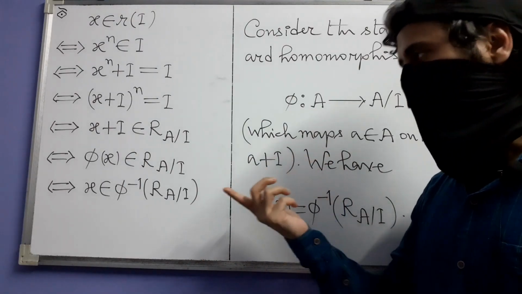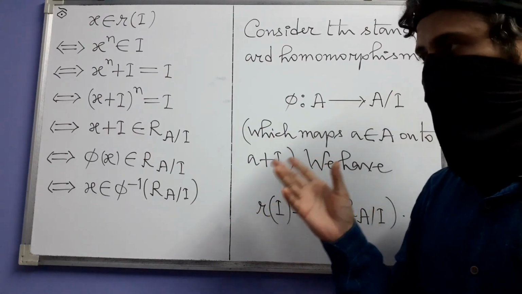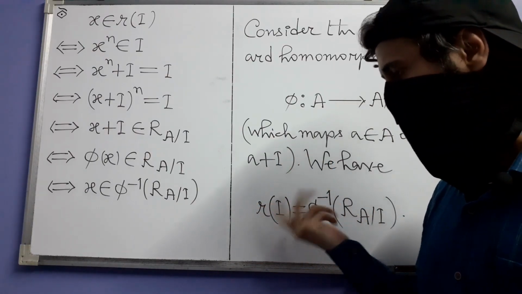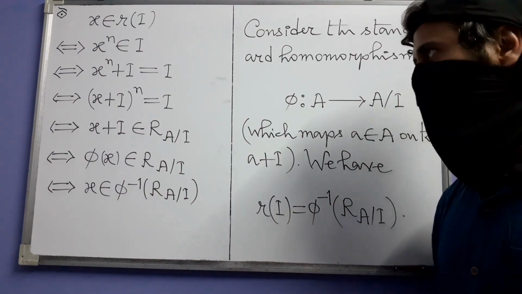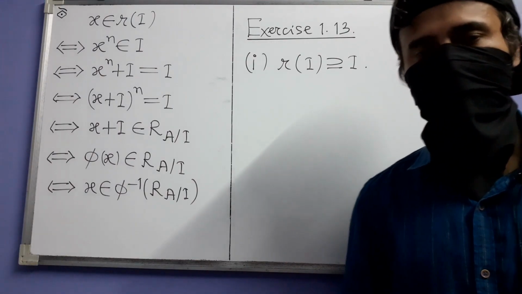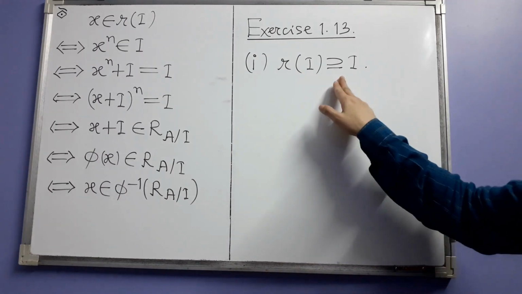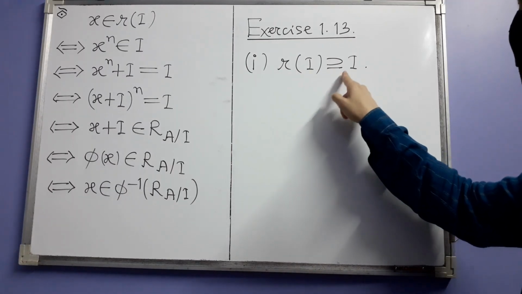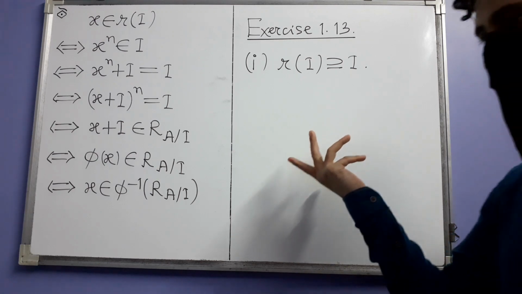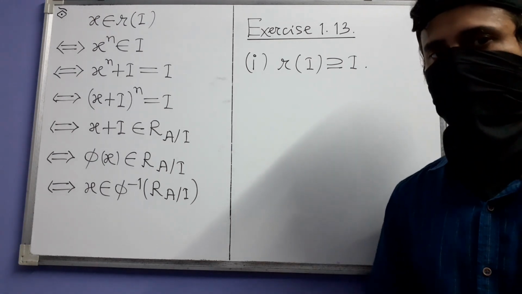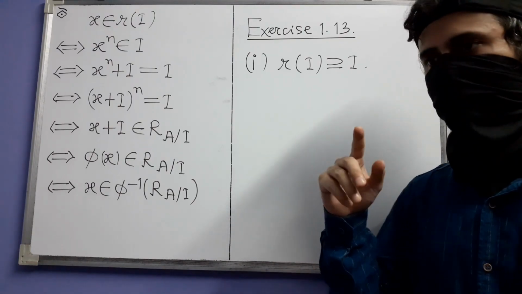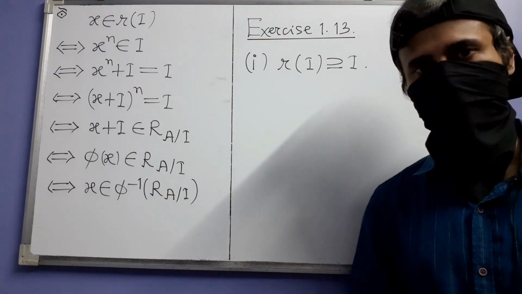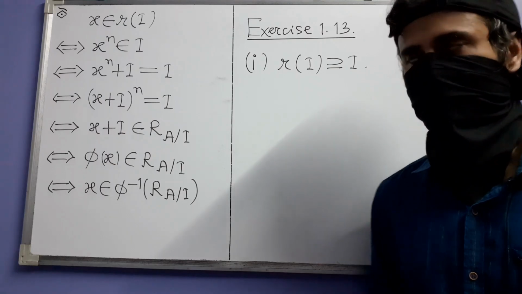Now next we have an exercise involving some properties of this radical of ideals. Let's go to that next. Exercise 113, and the first part is this, that the radical of I contains I, and here there is nothing to do actually, because we have already seen that this is true. It comes as a direct consequence of the correspondence theorem, so you just have to write that.